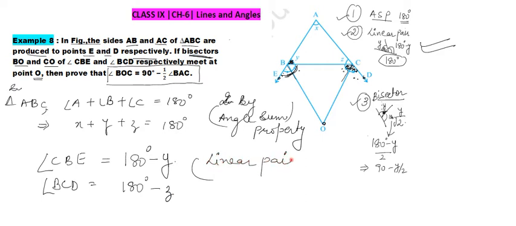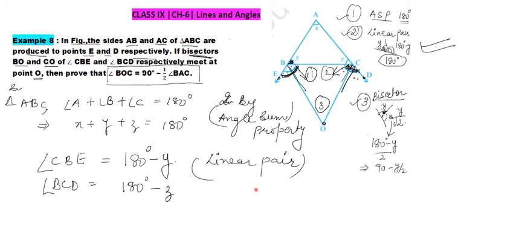And which concept have we used over here? Linear pair. Now since these two are bisectors, and if I ask you to find out the value of this particular angle and this particular angle, we are going to divide this whole by 2, similarly this whole by 2. Suppose this angle is angle 1, this angle is 2 and this angle is 3.